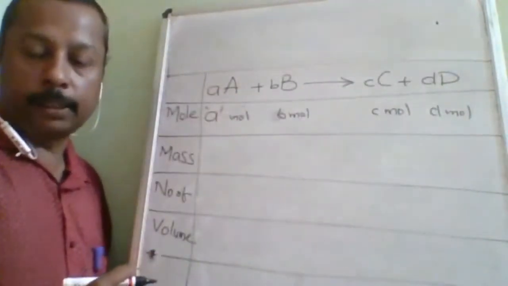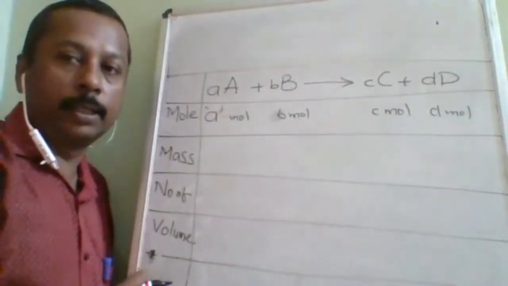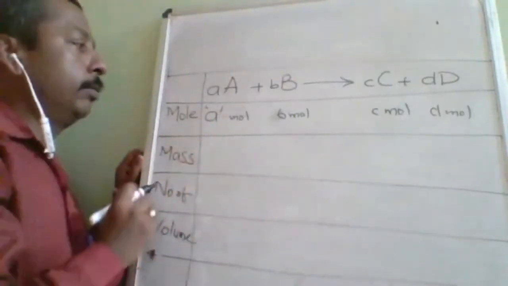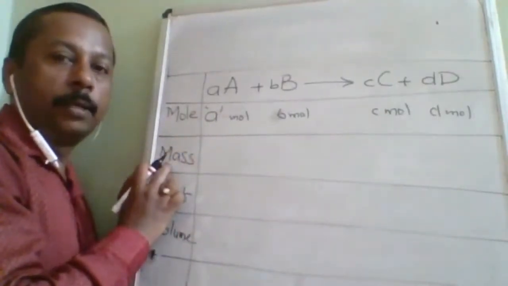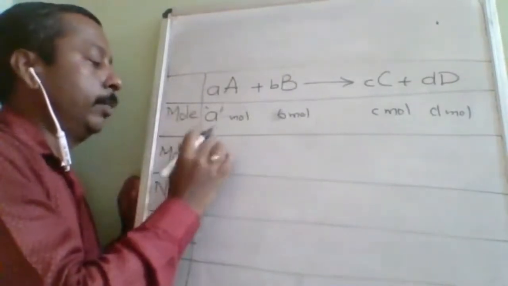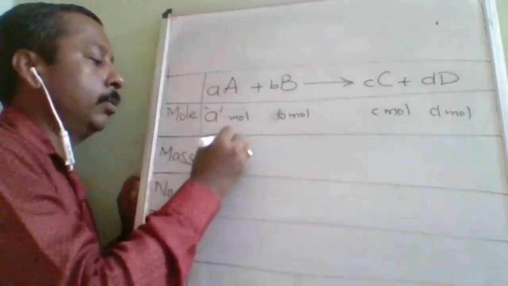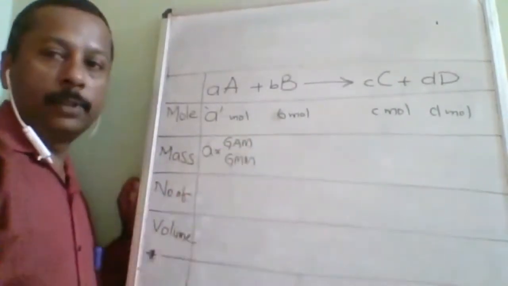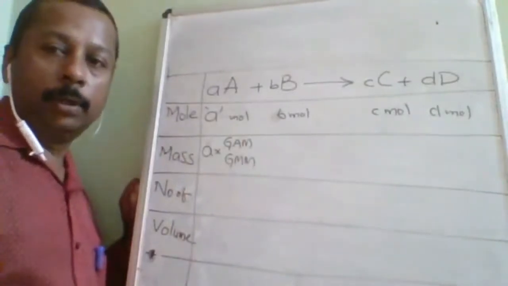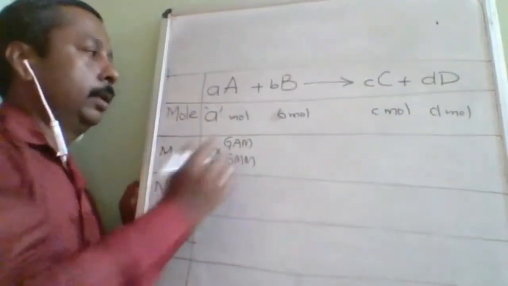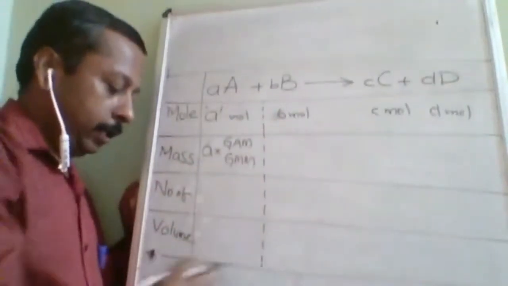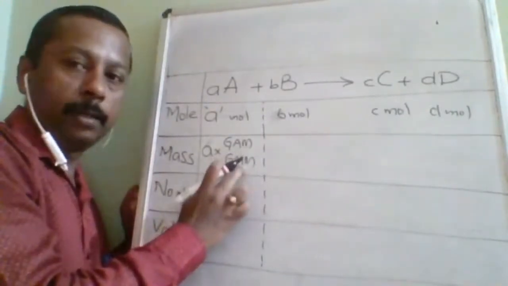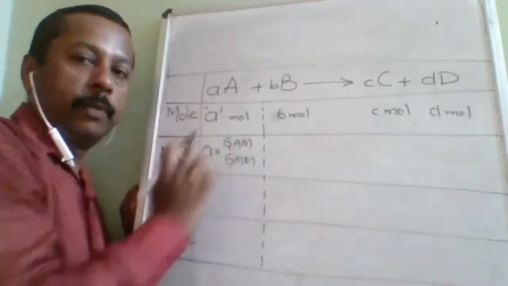After this I am going to take an example to show the difference between small letters and capital letters. When you write in terms of mass, if it is in atomic state, then a into gram atomic mass, or gram molecular mass; either of them we will use. When it is given as ammonia, for example, we will use gram molecular mass. For argon, we will use atomic mass.